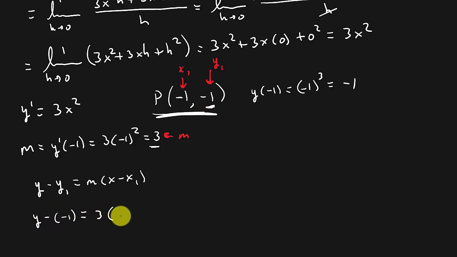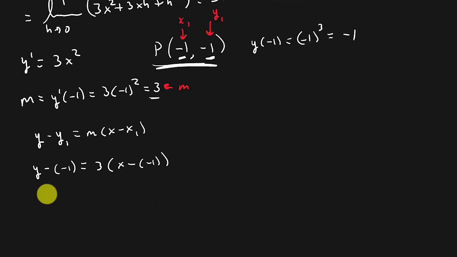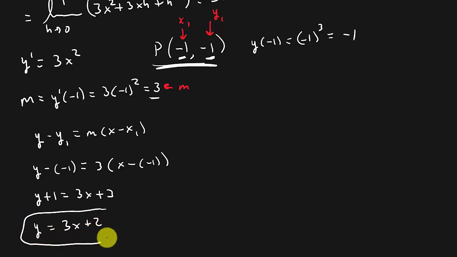Equals 3 times x minus -1, which is this -1. And so that's going to be y plus 1 equals 3x plus 3. See, the negative and negative make a +1. 3 times 1 is 3. And so now I get y equals 3x plus 2. And there's the equation of your tangent line to that curve.